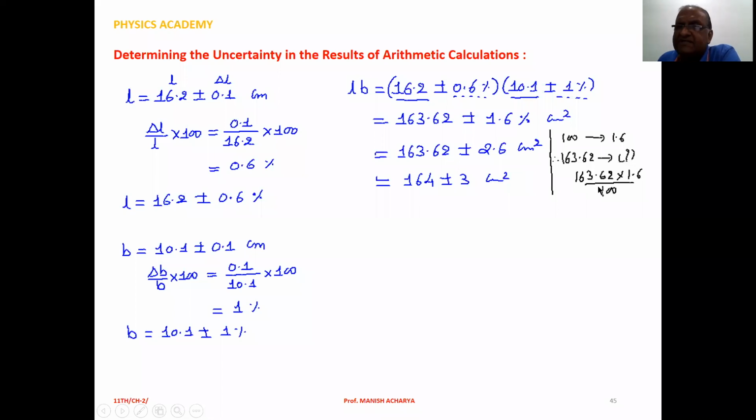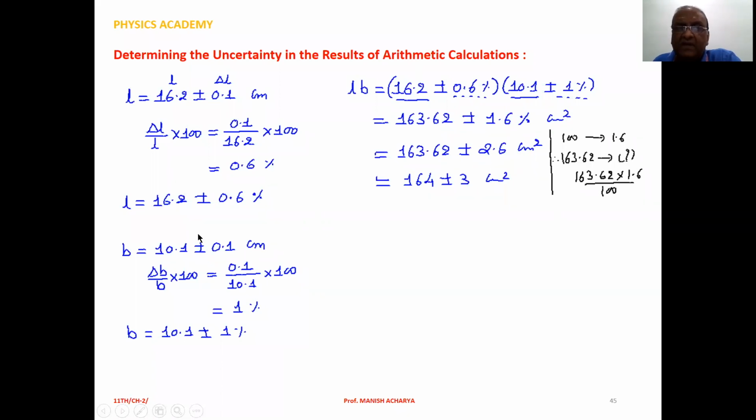So 163.62 into 1.6 by 100. It will come to 2.6 centimeter square. Clear?